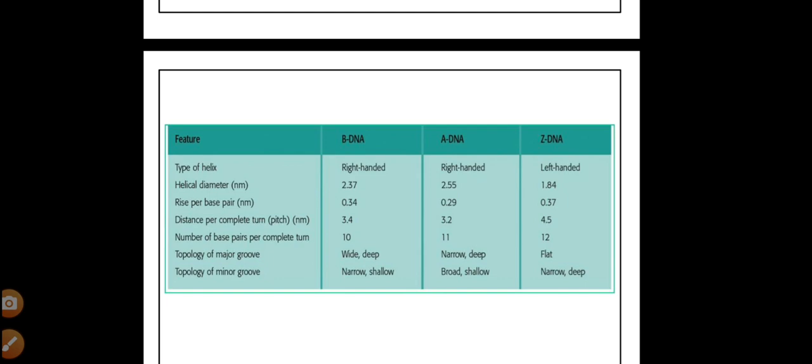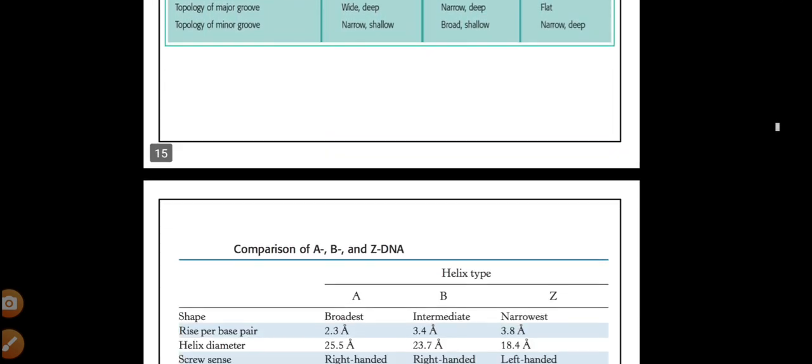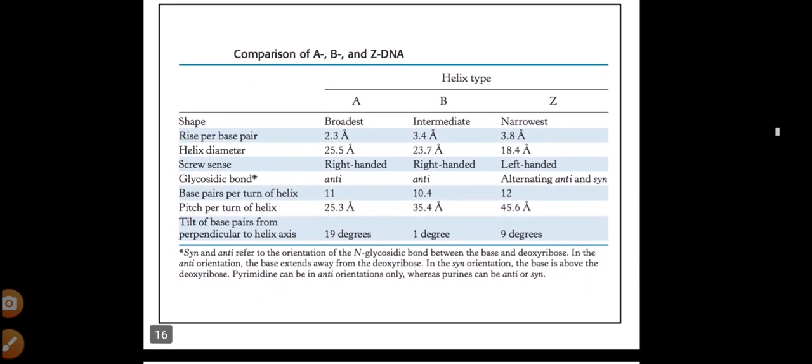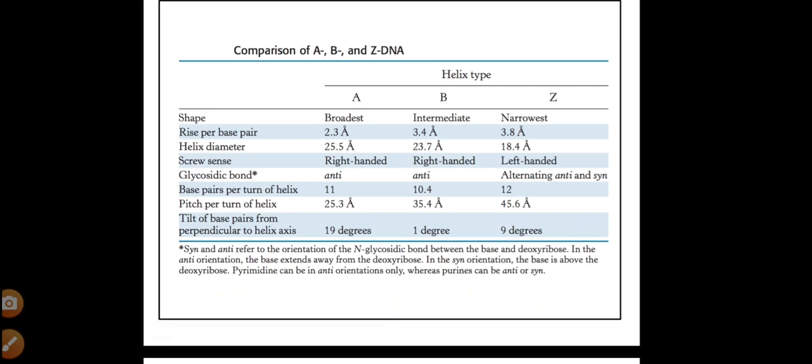Okay, there is no depth, it is flat, and the minor groove is narrow and deep. Okay, these are some comparable features of the three DNAs. And the shape of the DNA: B DNA shape is intermediate, A DNA shape is very broad, okay, and Z DNA is narrowest.